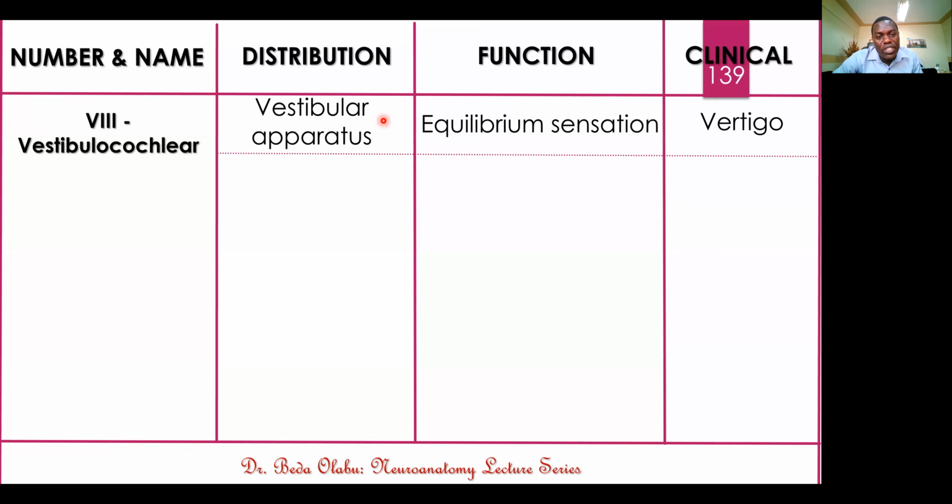The cochlear division of the vestibulocochlear nerve targets what we call the cochlear duct. The cochlear duct is the receptor for hearing. It contains the receptor for hearing. And so therefore, the cochlear nerve forms the first order sensory pathway for this channel of hearing.